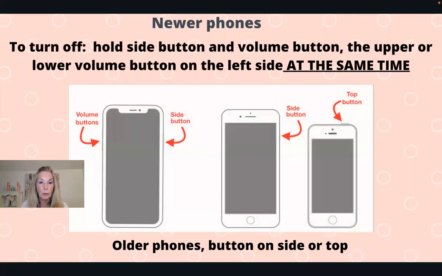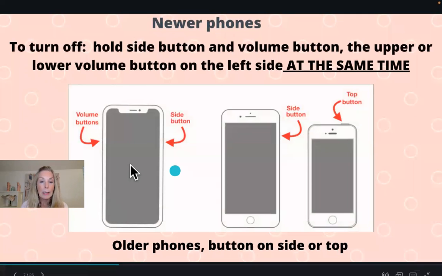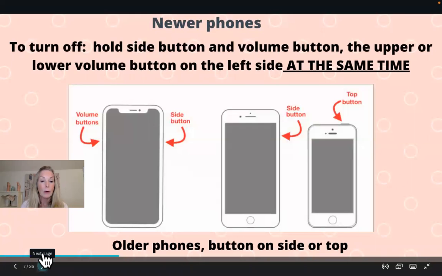So the newer phones, to turn those on and off, you press the side button and either one of the volume buttons up or down at the same time. The older phones, you would press just the side button, and if you have a slightly older phone, you would press the top button to turn the phone on or off.